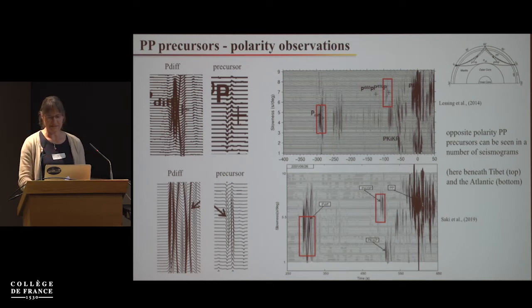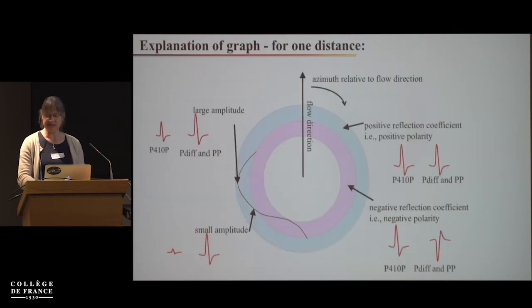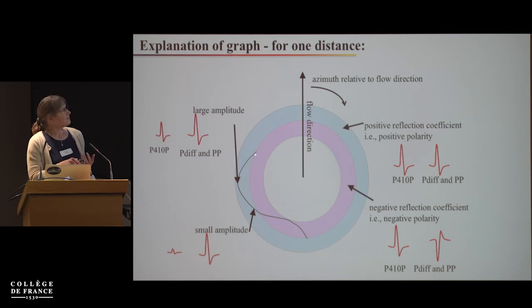Something must have happened there. The graphs that you will see in a moment are slightly different than the ones I explained before, so I explain those as well. Again, we're looking at reflection coefficients, but this time only for one distance. What you have is a kind of line like this, where when we're very close to this transition between blue and pink, we have a very small amplitude of the precursor.